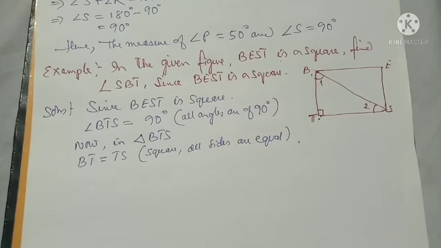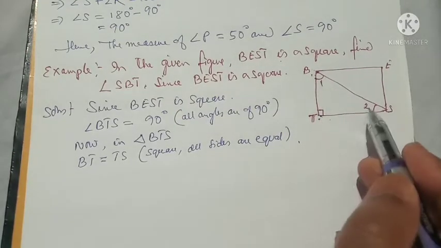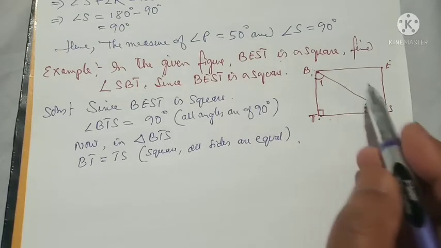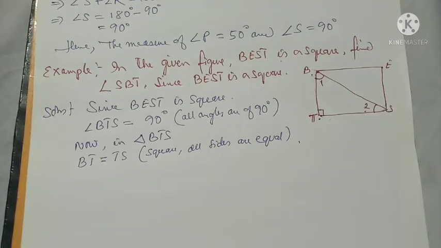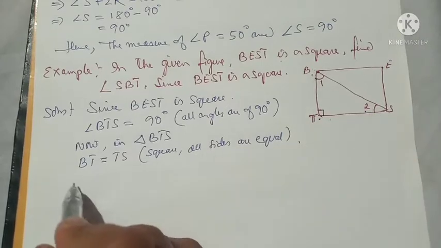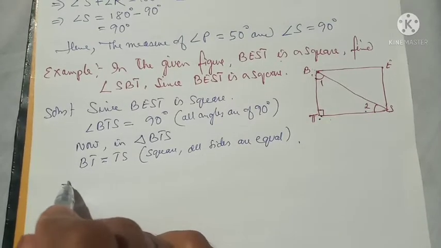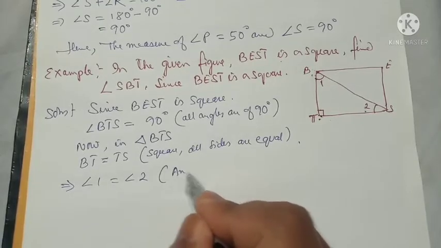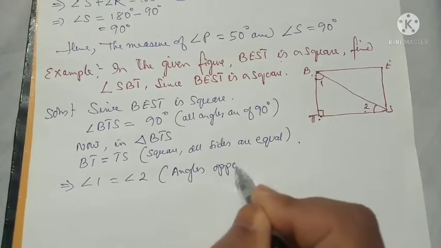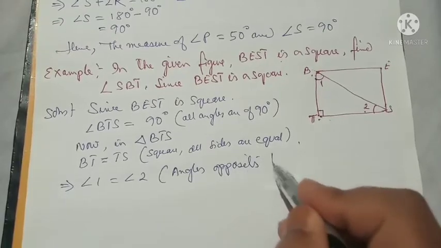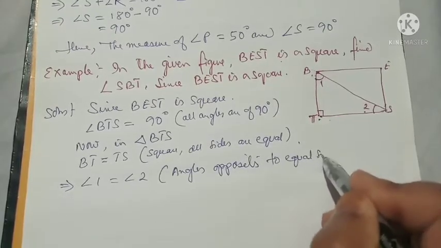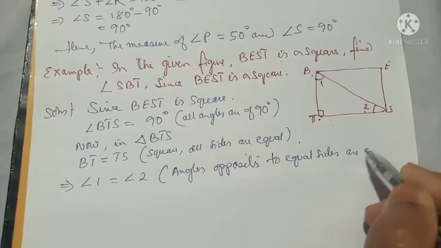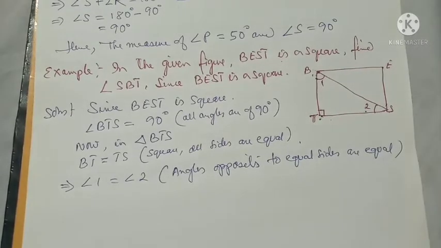Now again, angle 1 and angle 2 are angles opposite to the equal sides. In this case, angles opposite to equal sides are equal. Means both angle 1 and angle 2 are equal.